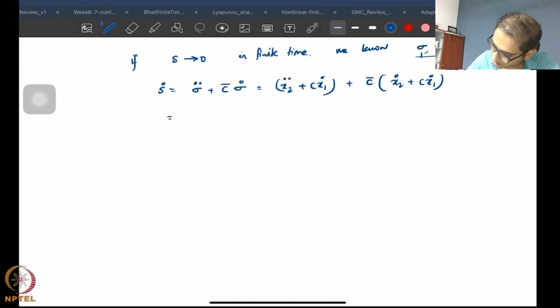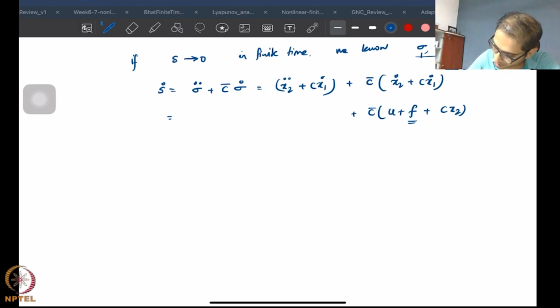So first I write the c bar x2 dot, which is u plus f. I'm not going to write the rest of the things, plus cx2. Notice that I have not written the arguments here, but I hope that's evident that it's a function of x1, x2 and t.